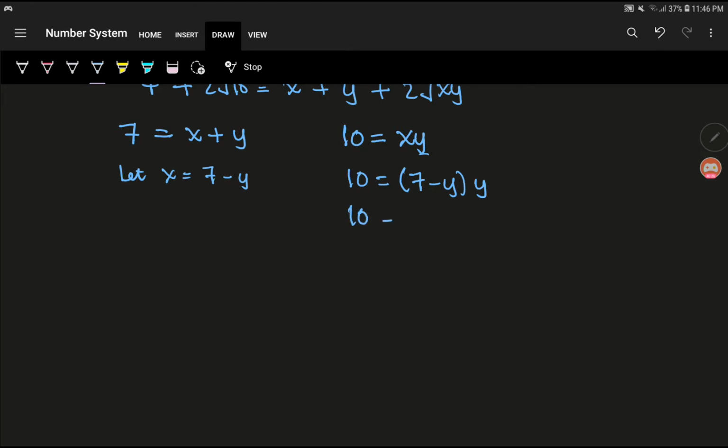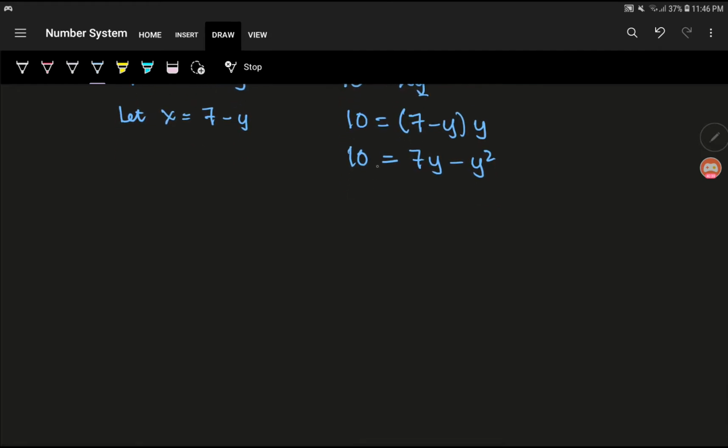So we have 10 is 7y minus y squared. Sorry. Okay, so we have this one: y squared minus 7y plus 10 equals 0.